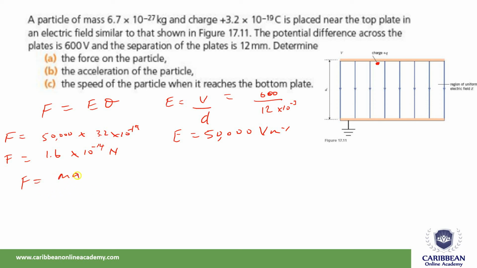But the acceleration is not the acceleration due to gravity, because it's not because of gravity that this thing is accelerating. It's accelerating because it is a positive charge at the side of a positive plate, so it's going to repel. By manipulating this, force divided by mass is going to tell us the acceleration.